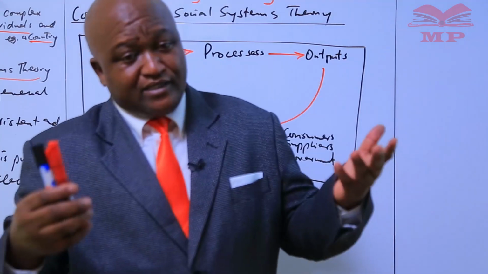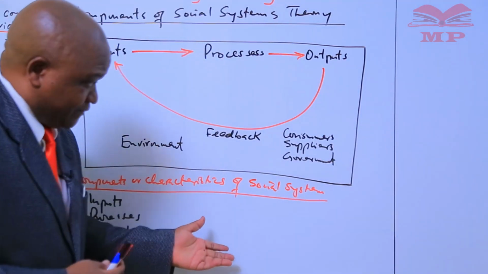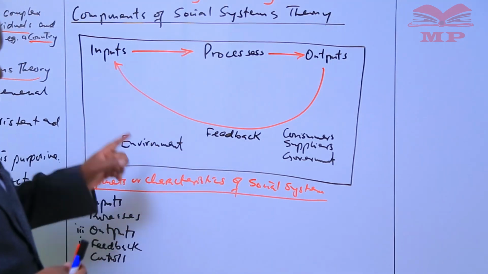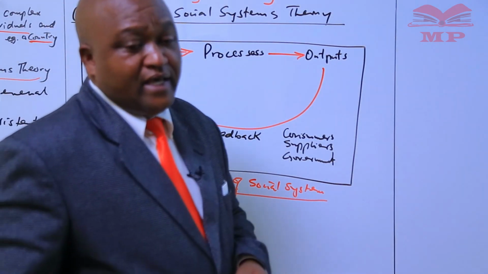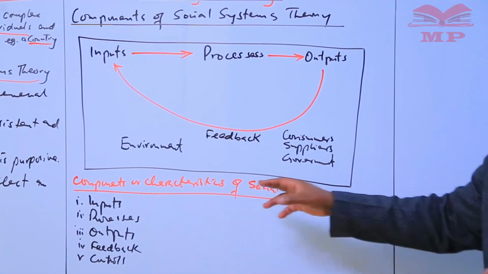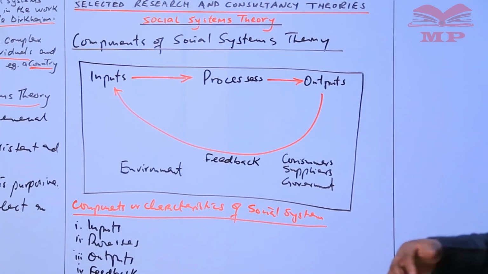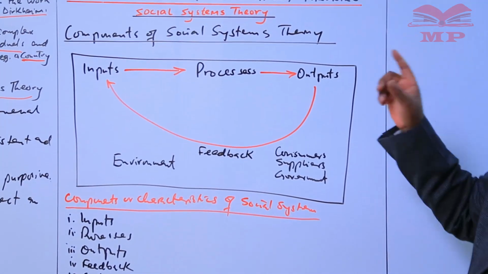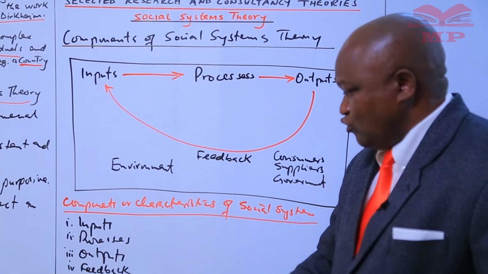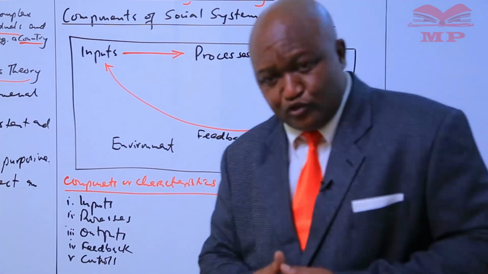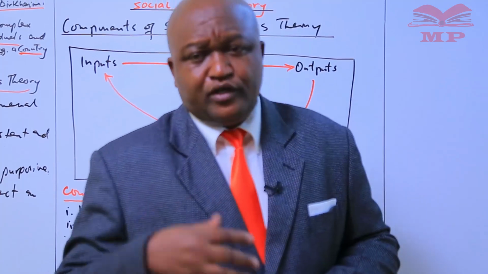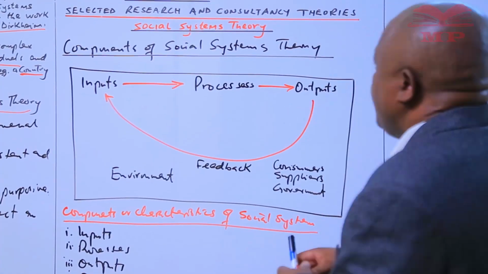Otherwise, if products being produced by a given organization don't meet the expectations of the environment, then those products may not be readily acceptable in the market. So those are the components or characteristics of a social system as envisaged in the social systems theory. We have indicated you have inputs, processes, outputs, feedback, and then controls. So one may ask, what are the applications of the social systems theory?